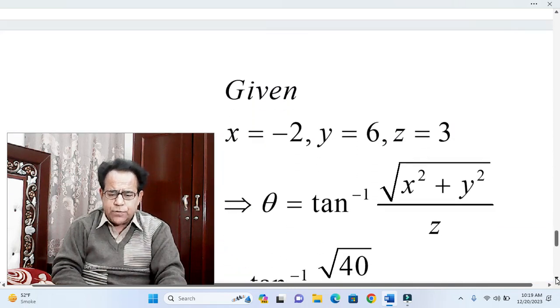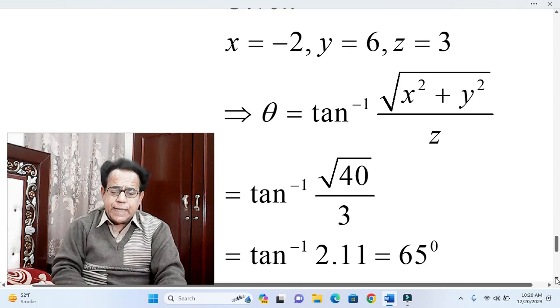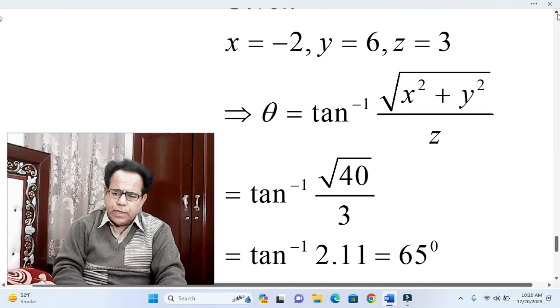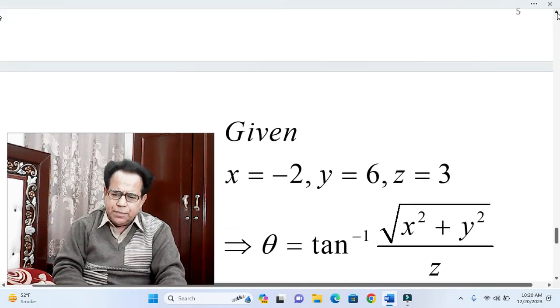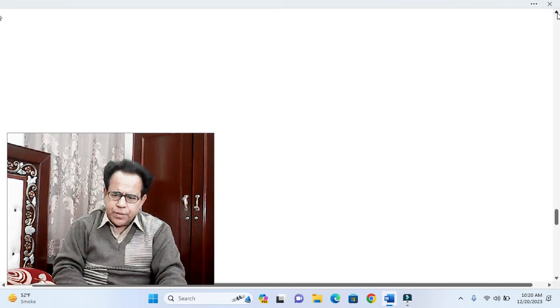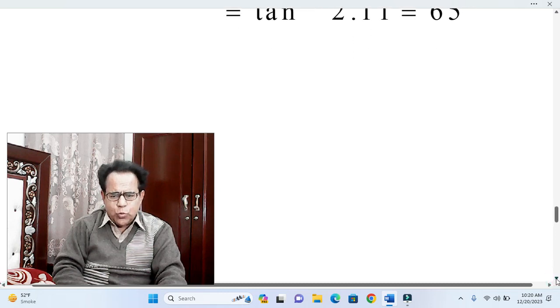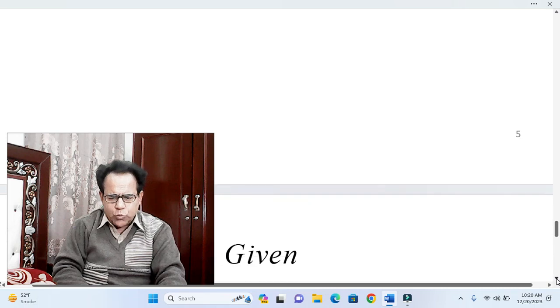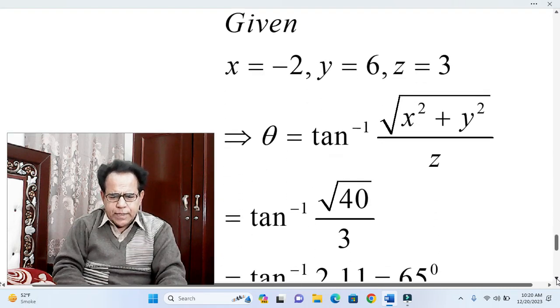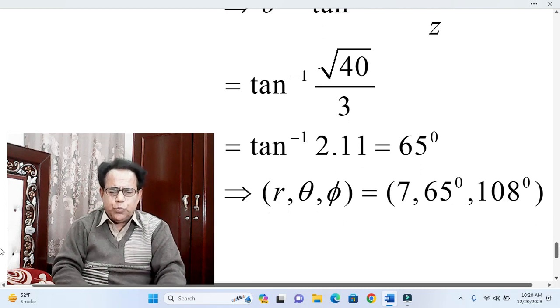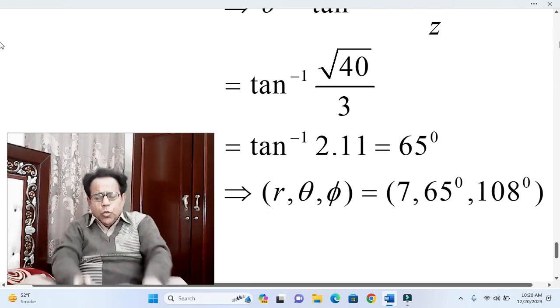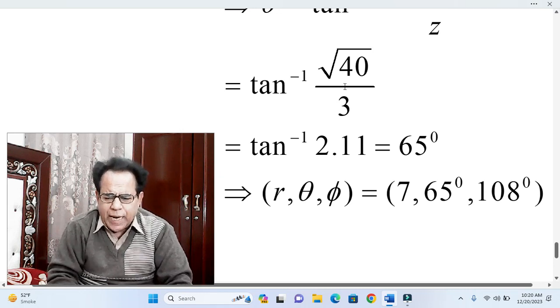Next part, given x equal to this, y equal to this, z equal to this implies that theta equals tangent inverse of square root of x square plus y square over z. Oh sorry, this part has been solved already. Perhaps by mistake this step, tangent inverse 2.11 equal to 65 degrees, has been repeated.